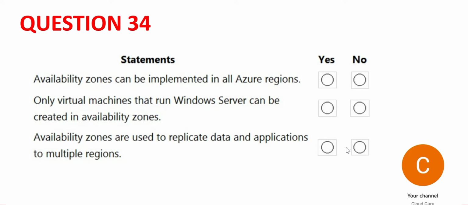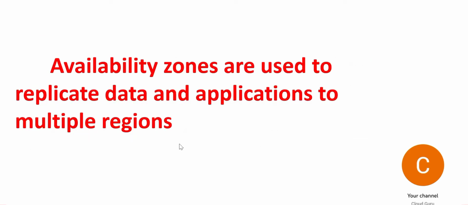of Linux are supported. The third statement says that AZs are used to replicate data and applications in multiple regions. It's not the AZs, there are some services which are used to replicate.